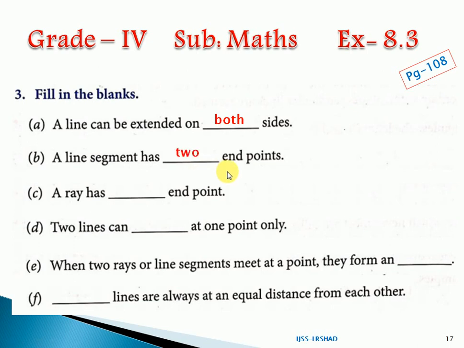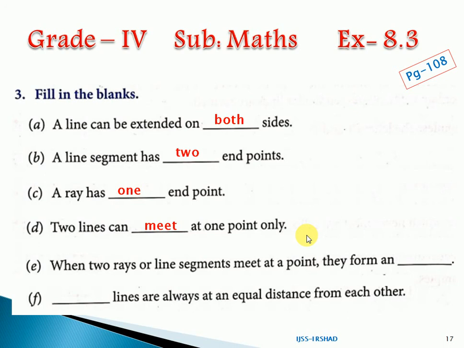I explained all these things. A ray has dash endpoint, which means one endpoint. A ray has one endpoint, the other is a non-ending point. Two lines can dash at one point only: two lines can meet at one point only.